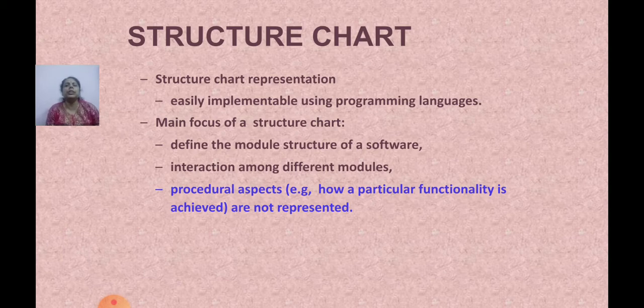Through a DFD the programmer cannot convert it into a program, but through a structure chart a programmer can easily convert it into programming code. The main focus is to define all the modules of a software and the module dependency relationships. But the detailed design, meaning the algorithms and data structures, is not described in the structure chart.